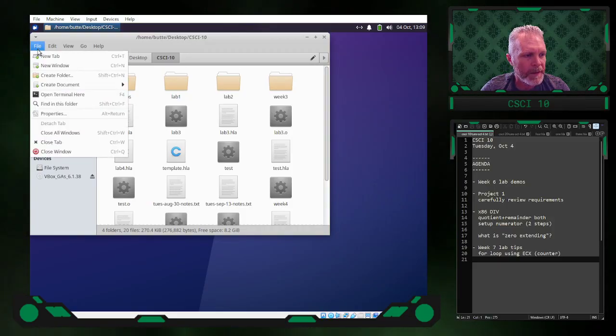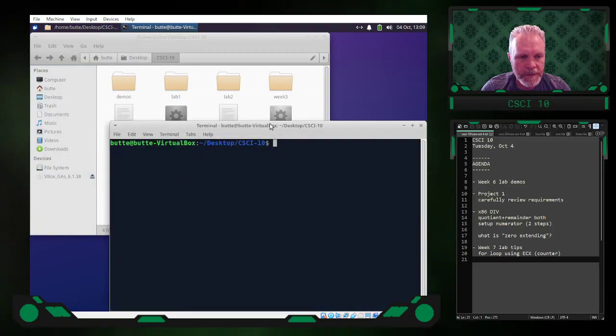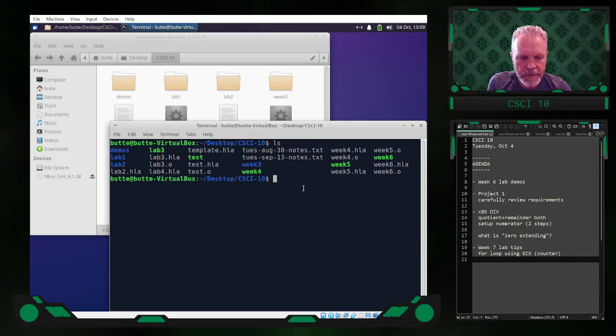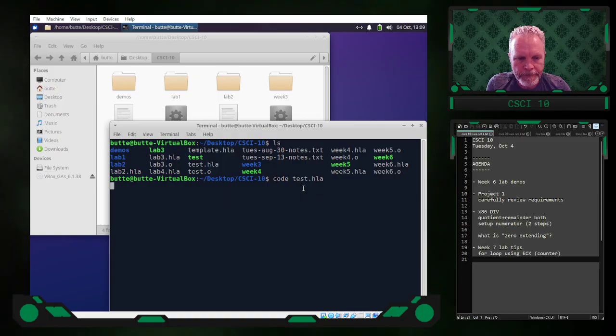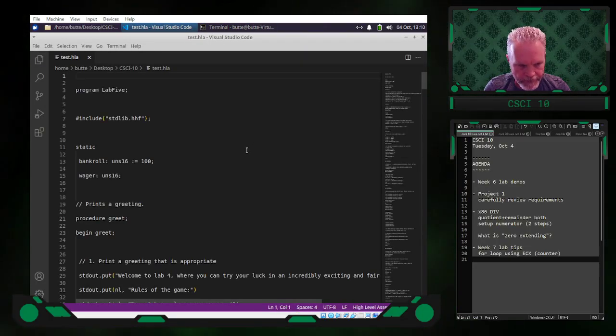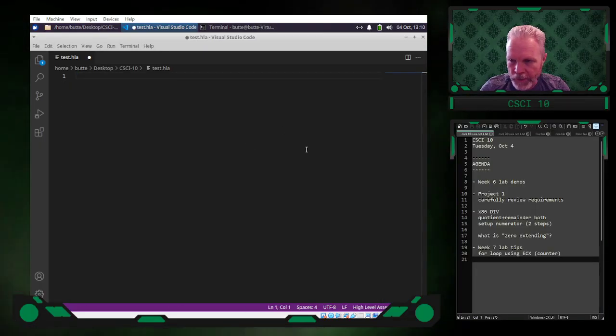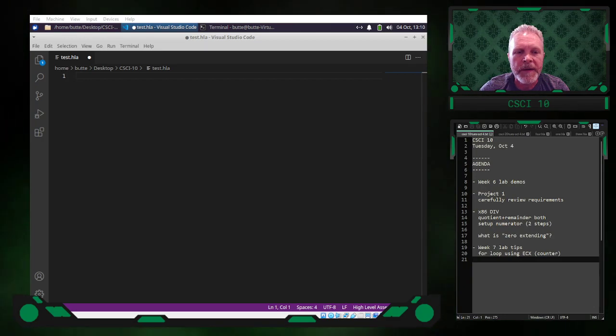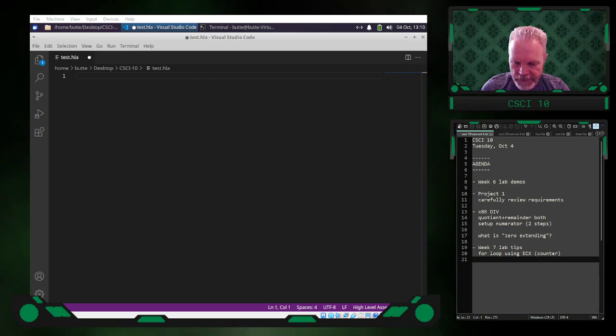Let's see, what do I need? I need a terminal, and then is there a test file, or what do we call it? Test. Okay, so let me fire up a few demos. Did I switch the view so you can see? I did. Okay, thank goodness.